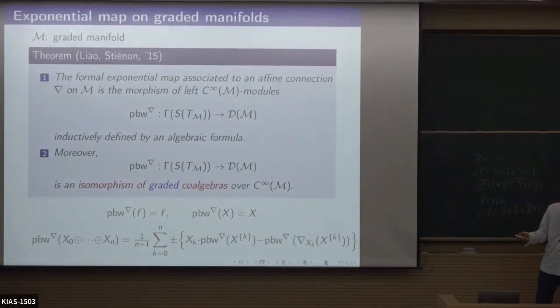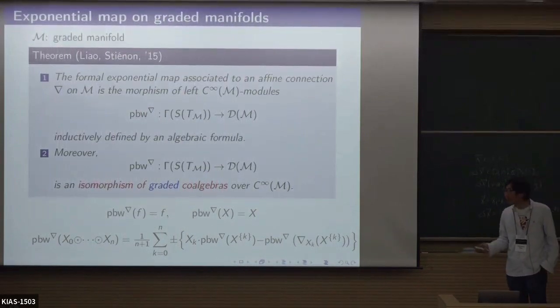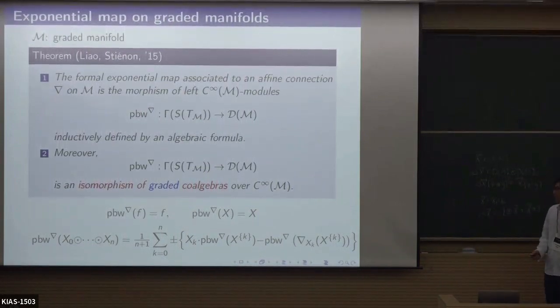Everything is defined algebraically. So even though we don't know much about the space of the graded manifold, we can do exactly the same for a graded manifold. And then moreover, the sections of S(TM) and the differential operators on M have exactly the same coalgebra structure except for the signs. And then you again get an isomorphism of graded coalgebras as a result. This is something done by Liao and Stiénon in 2015.